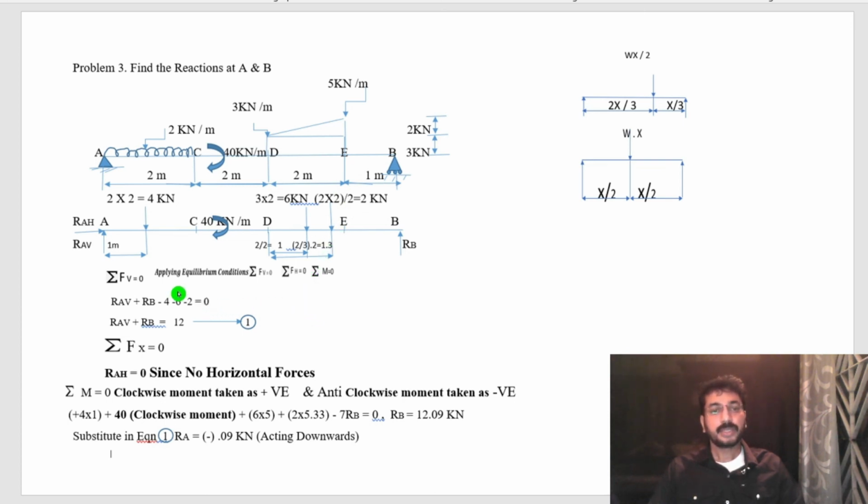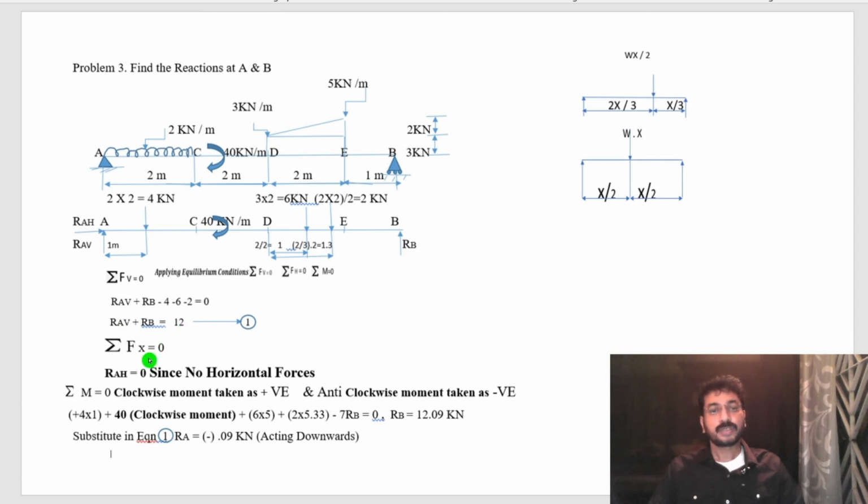Then apply the equilibrium conditions. Sigma FV equal to 0. We consider the upward forces as positive. We get RAV plus RB is equal to 12.